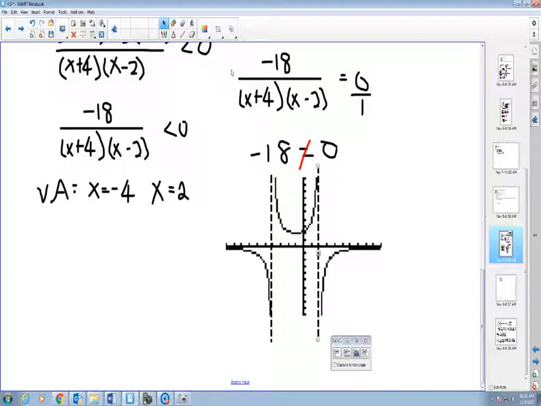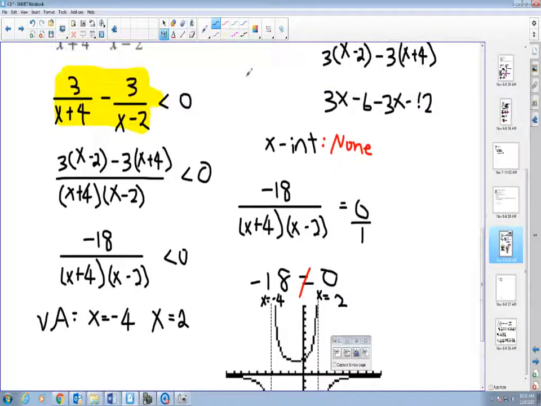I'm going to thin this out a little bit. There we go. Thin out my. There you go. Alright, so these two are my vertical asymptote. One of them is x equal to negative 4. The other one is x equal to 2.